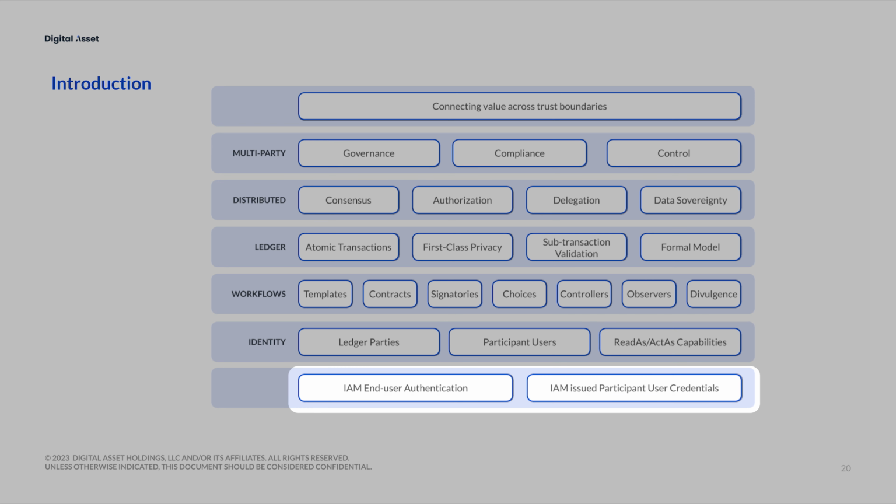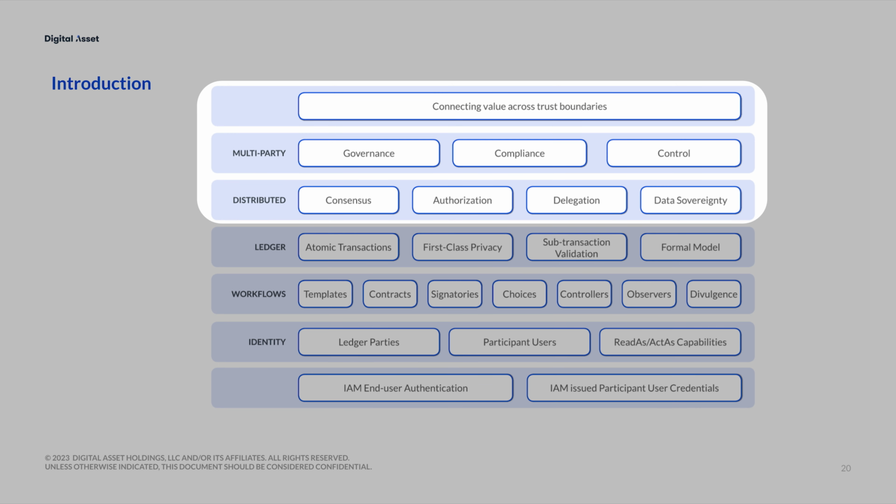And in operation, the management of access to participant users through an authentication process with an IAM under the organization's control. Delegating authentication across a trust boundary should be avoided as it weakens the authorization, delegation, privacy, and non-repudiation guarantees provided by Canton and the Daml ledger.